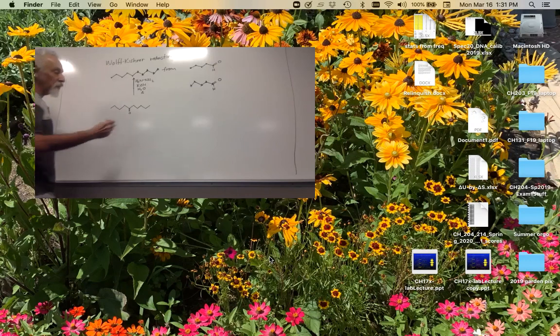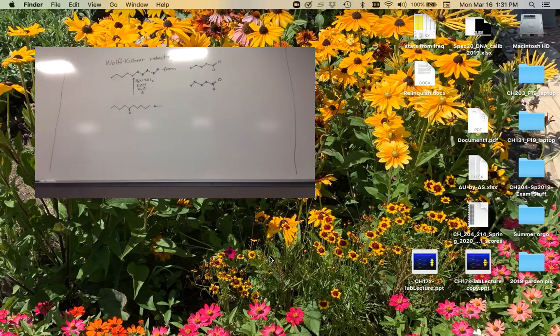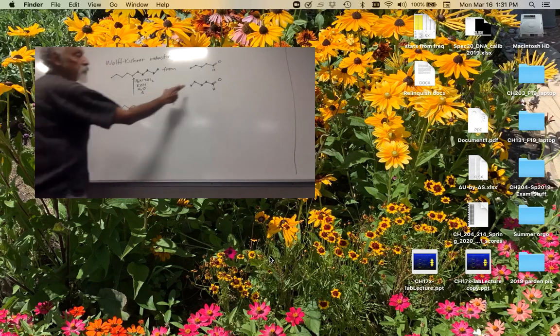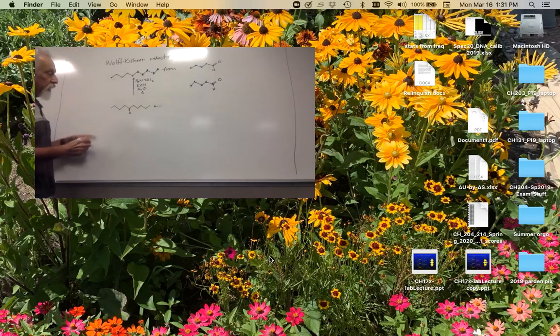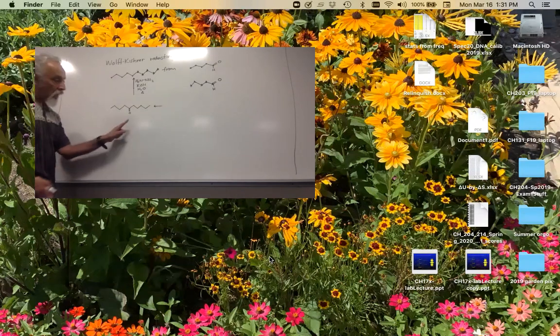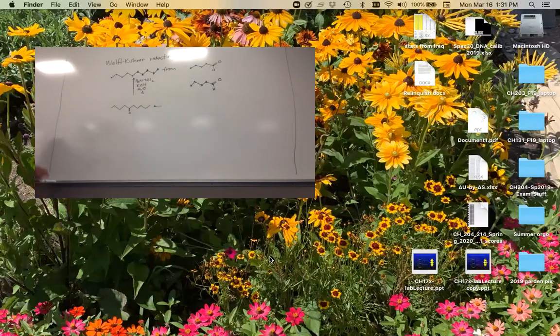It's a ketone. We have lots of ways of making a ketone. But the most logical one that's going to allow us to use these two 5-carbon units is going to be what? How are we going to make this ketone in a way that's going to allow us to use these 5-carbon units pretty much as is? Are you thinking about that?